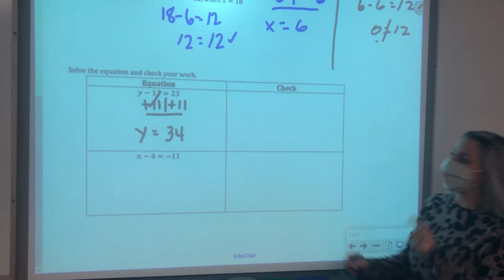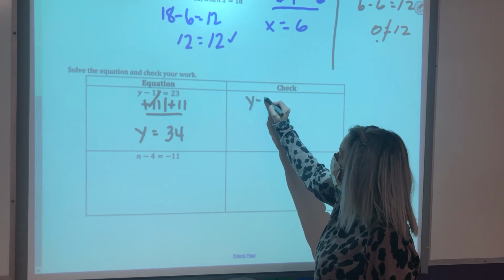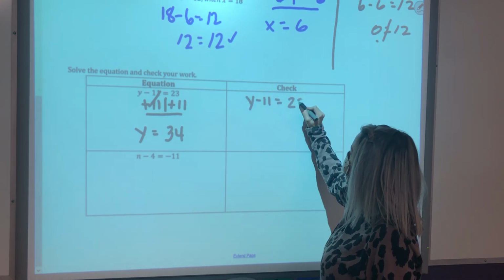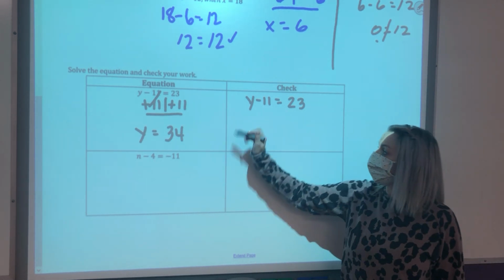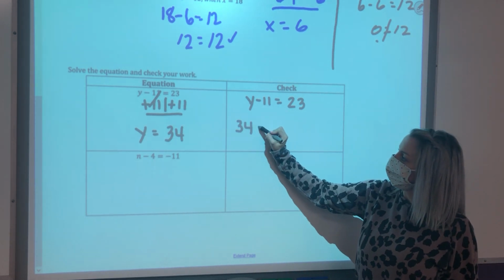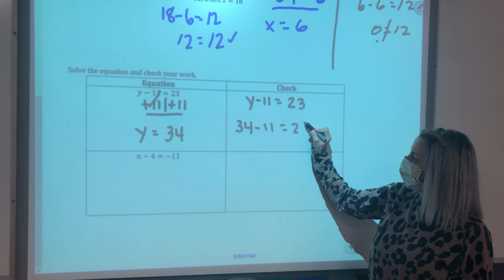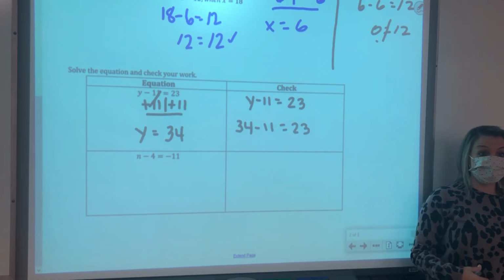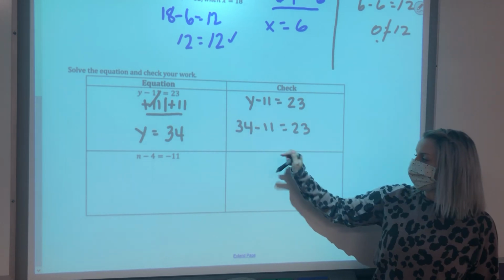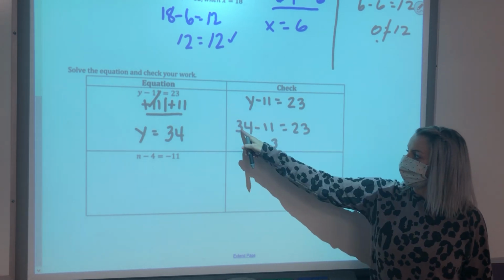Okay, so again, when I check it, rewrite the original. Sub in my value. Do the actual subtraction. 34 minus 11.